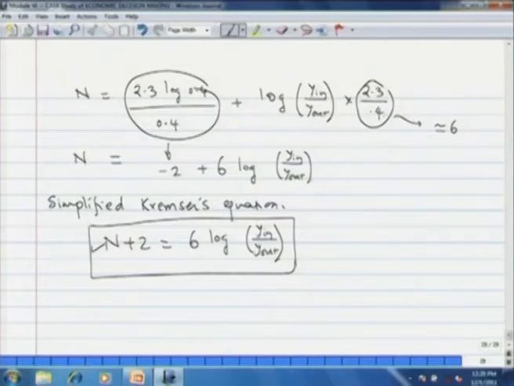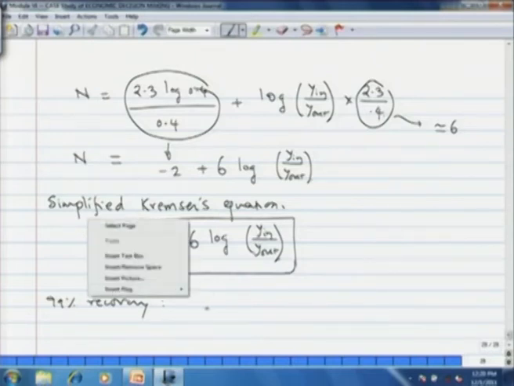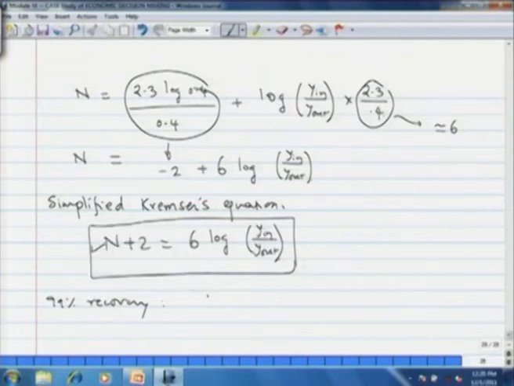For 99% recovery, if you use the simplified equation, you can very easily calculate the number of plates. For 99% recovery, Y in by Y out will be equal to 100. So, N will be equal to 6 into 2 minus 2, that is 10 plates.